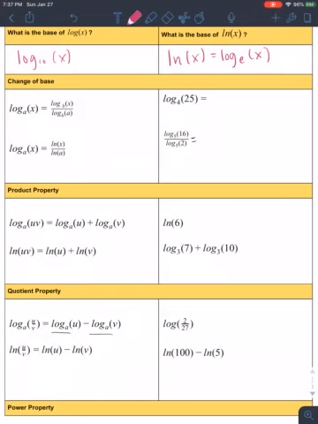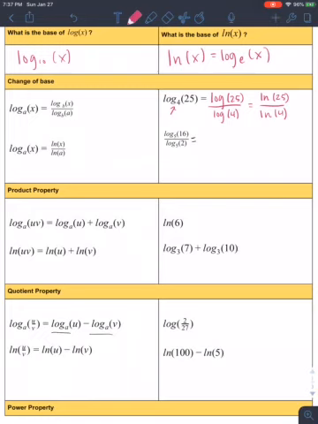If I have the log base a of x and I want to use, say, log base 10 or log base e instead of some other number, like this 4, then I can split this up as log base 10 of 25 over log base 10 of 4, okay? Or you can choose any base, so you can actually do the ln of 25 over the ln of 4 if you want. Put those both in your calculator and make sure they're equivalent, okay?